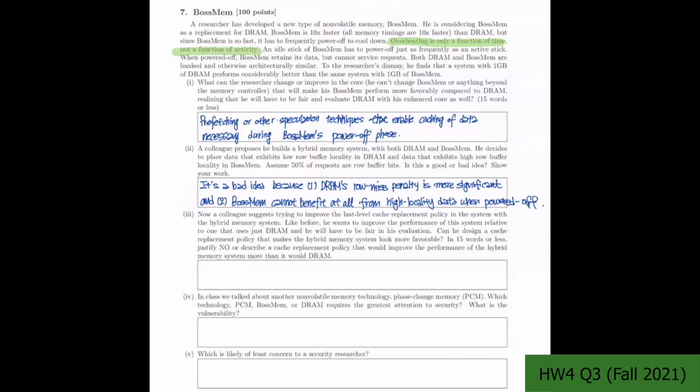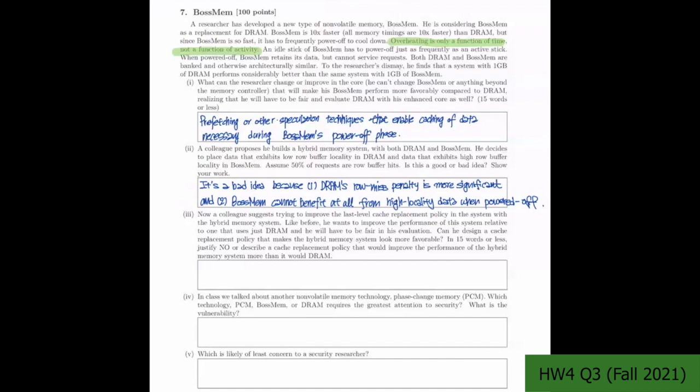Okay. So, I think it is yes. It should be yes, as long as we design the system properly.